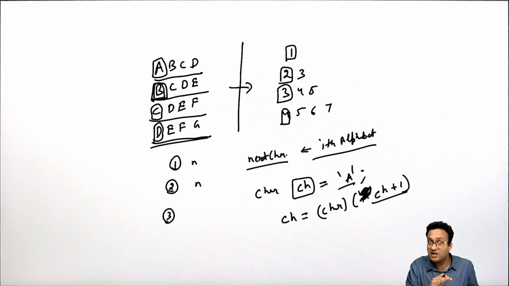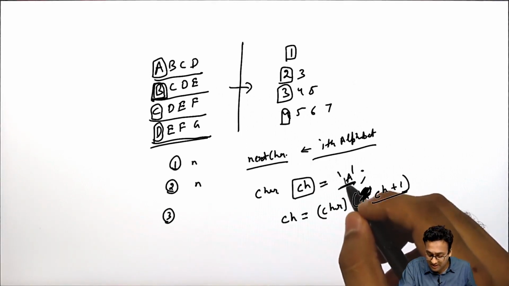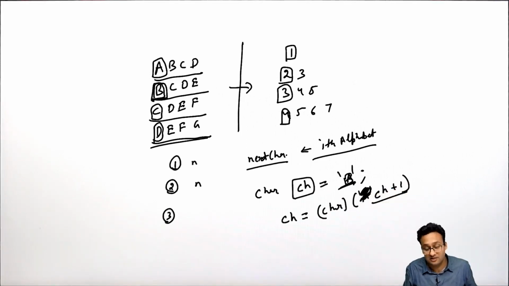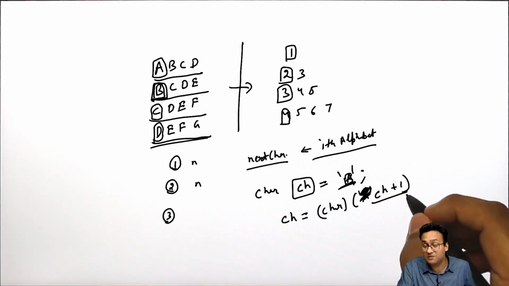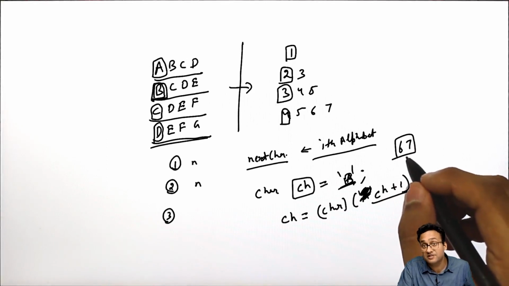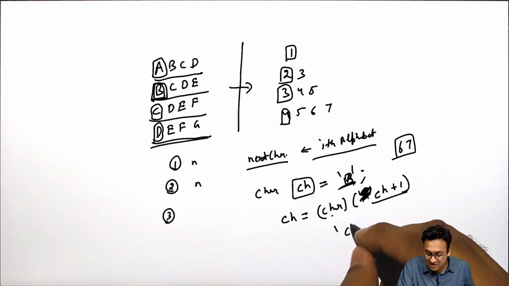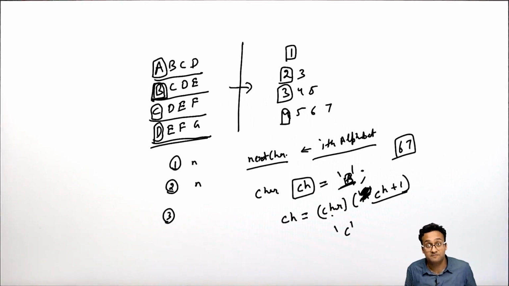And when you convert that back into a character, you will effectively get the next alphabet. So CH was initially character A. If CH was character B, it will move to character C. CH plus 1 will basically give you 67, that is the ASCII value of C. And when you typecast back into a character, CH will end up getting character C.